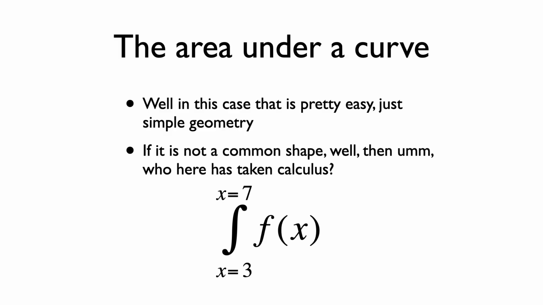But what this says is, what's the area under the curve between 3 and 7? It's the integral of the function between 3 and 7. That's all that means. So if there's some kind of mathematical notation, it's a pretty good guess that there is some kind of math that can do this. And there is. Again, you don't have to worry how it does it, but trust that it works.